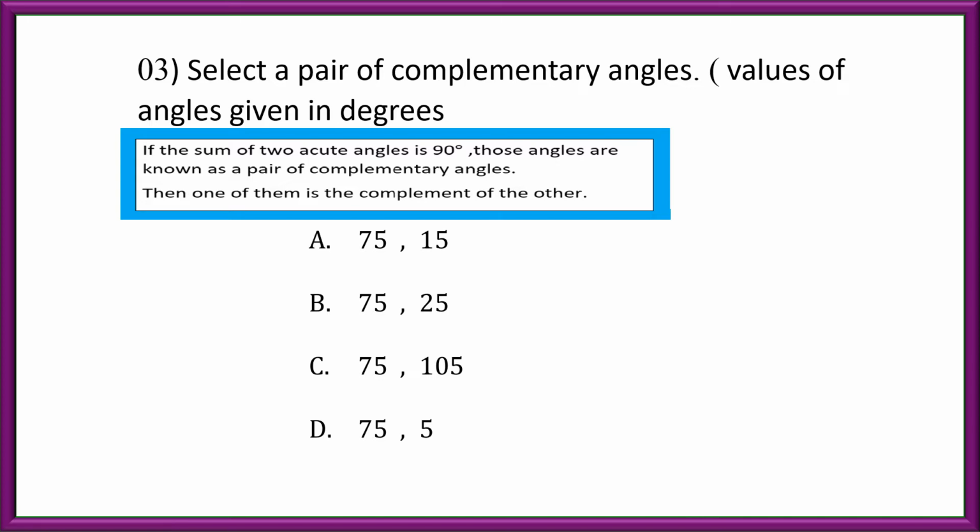Let's take the sum of each pair. The first one gives us 90 degrees, the second one 100 degrees, the third one 180 degrees. Therefore, it is very clear option A gives us the correct answer.